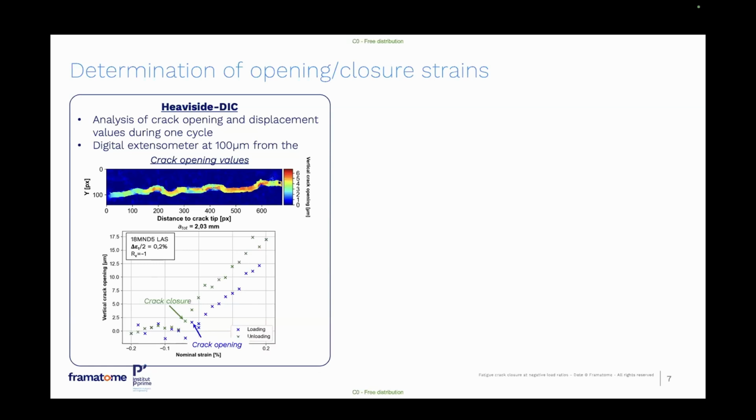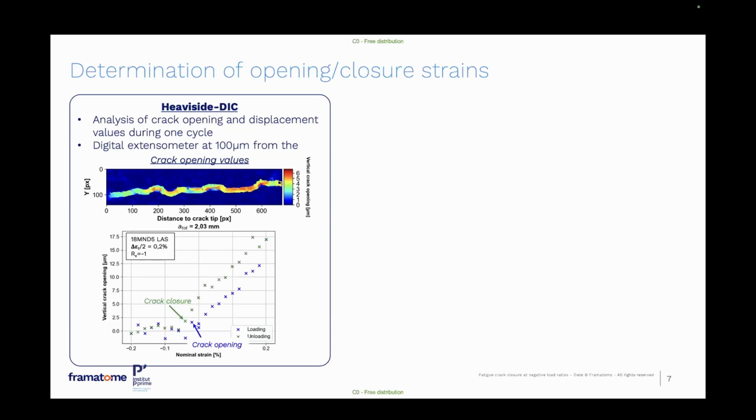So here is a typical result obtained in a case of low alloy steel with a total strain amplitude of 0.2, a strain ratio of -1. So here you have the loading part of the cycle, and in green, the unloading part. And you can see that in this part, you have a variation of the crack opening as a function of the applied strain.